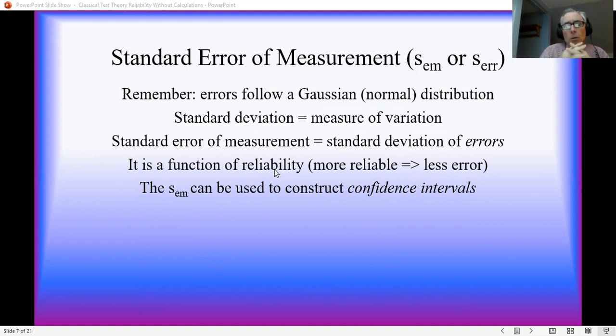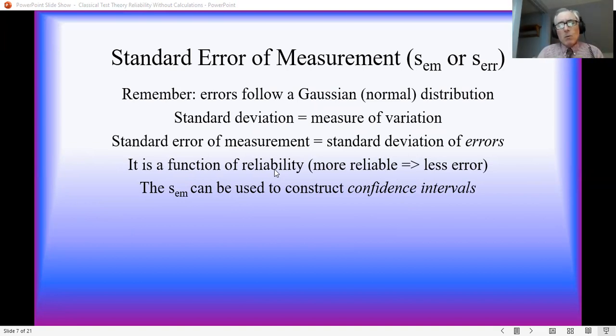So what we can do is to set a given level of confidence. Let's say I want to be 80% sure that the range of test scores I'm talking about includes what would be that person's true score. I can use the standard error of measurement to construct these so-called confidence intervals.